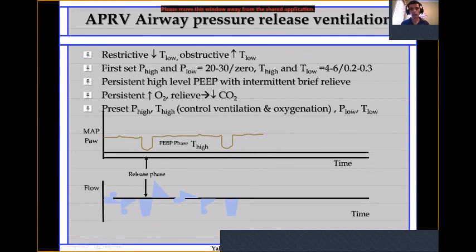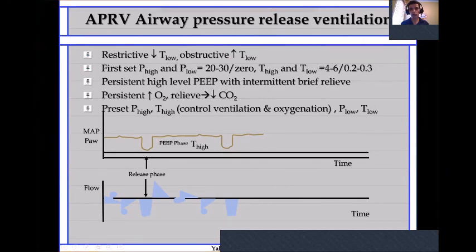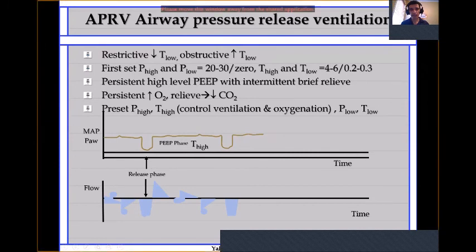If you have pressure high and pressure low, pressure high and pressure low, pressure high and pressure low, you will have time high and time low. You will not have PEEP and PIP. And then you will have the time of the high and the time of the low.